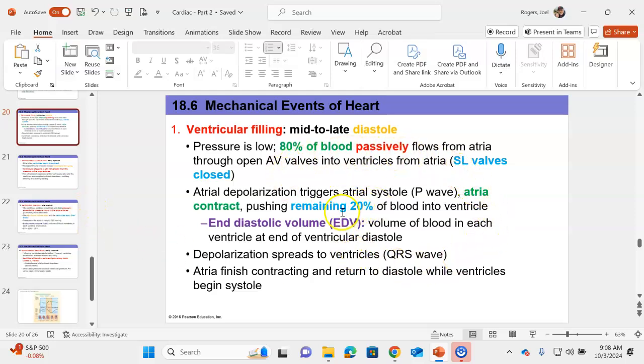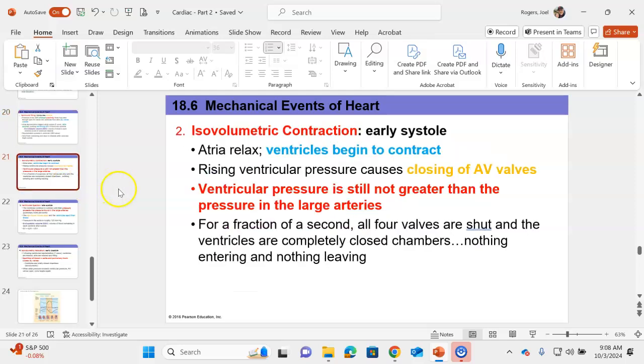If we look through here, we don't really see anything referring to valve closure, because remember, in order for the AV valve to shut, ventricular pressure actually has to get higher than atrial pressure. So if we go to phase 2, oh, look at that right there. So the AV valves close during phase 2, so the first of the 2 heart sounds, the lub, is going to occur during phase 2.